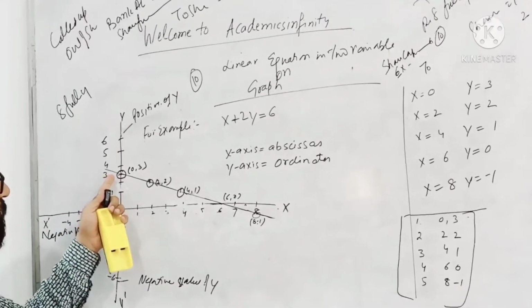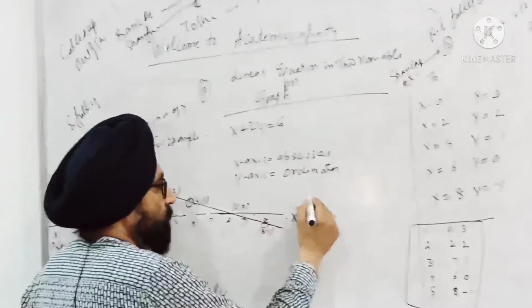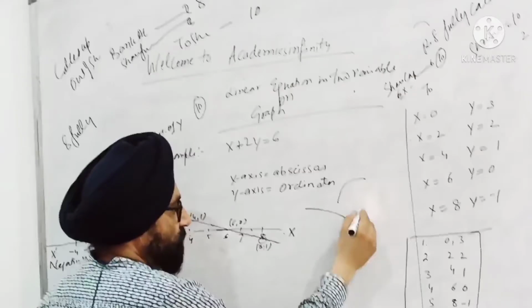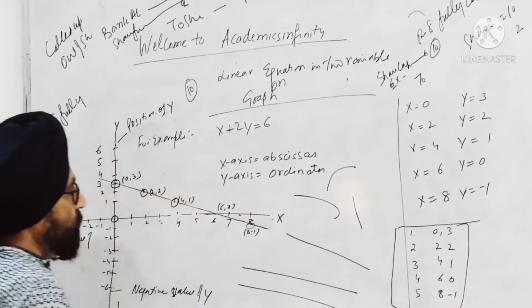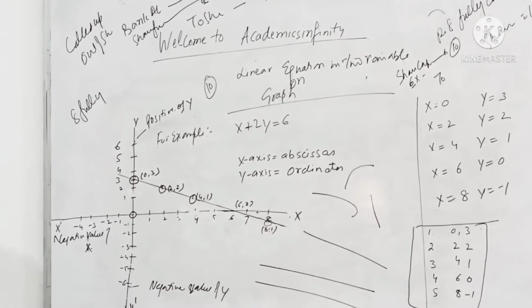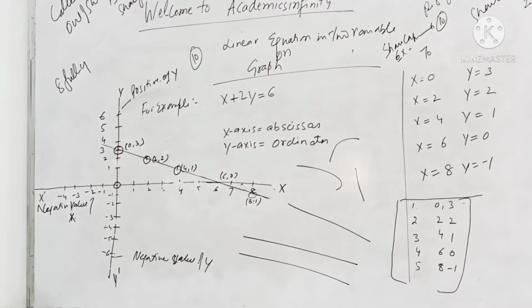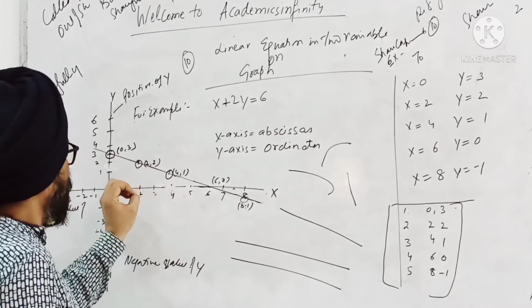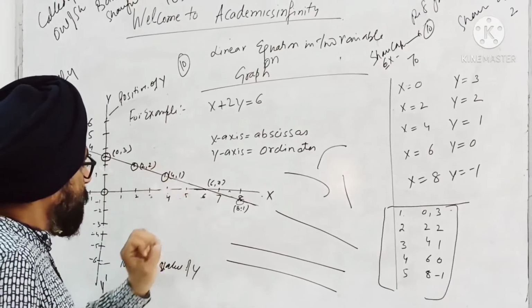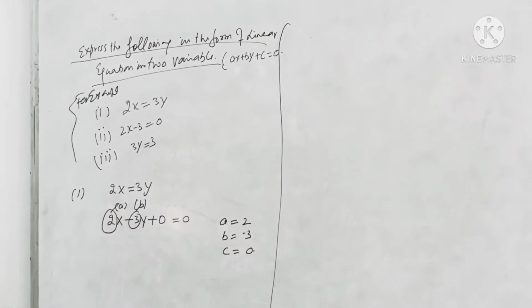From this point to this point, we never make it curved, we always make a straight line. So it is clear that if you present a linear equation in two variables, then all the points will come on a single straight line. I have already discussed how to present a linear equation in two variables on a graph.